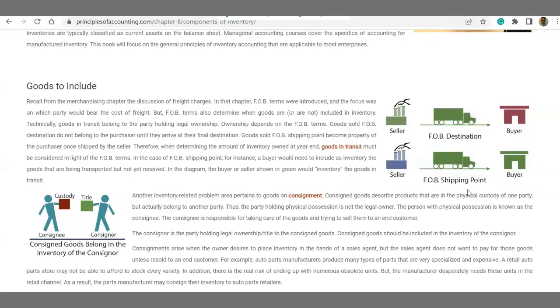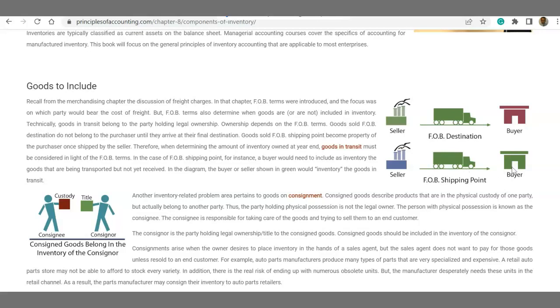However, we have FOB shipping point, and this is how I translate it in simple language. From the shipping point, which is as soon as it's in the truck, the inventory belongs to the buyer. You see both of them are green. And the buyer will pay for shipping. So one more time, from the shipping point, the buyer is the owner and the buyer pays for shipping.